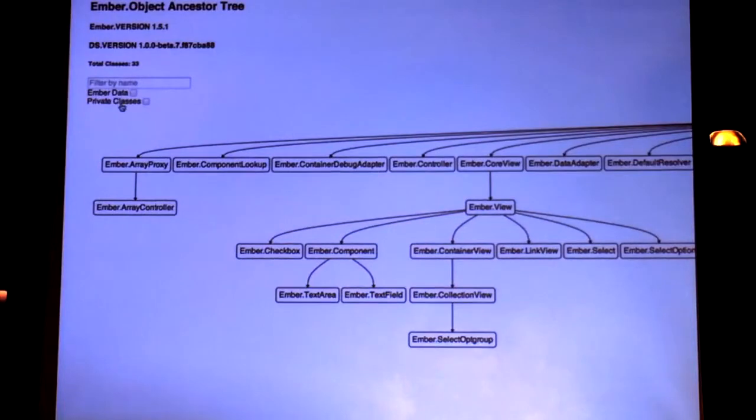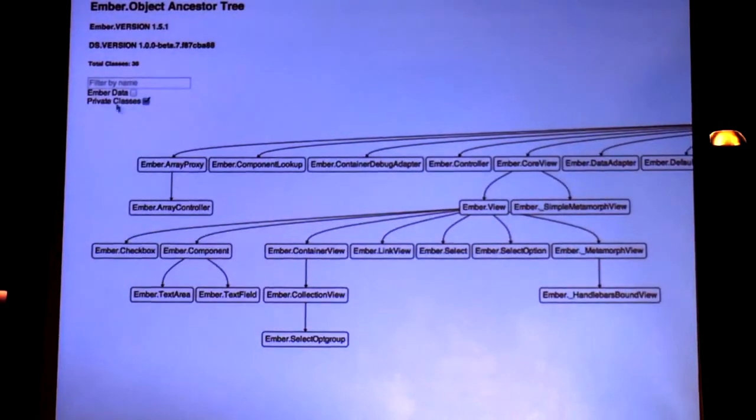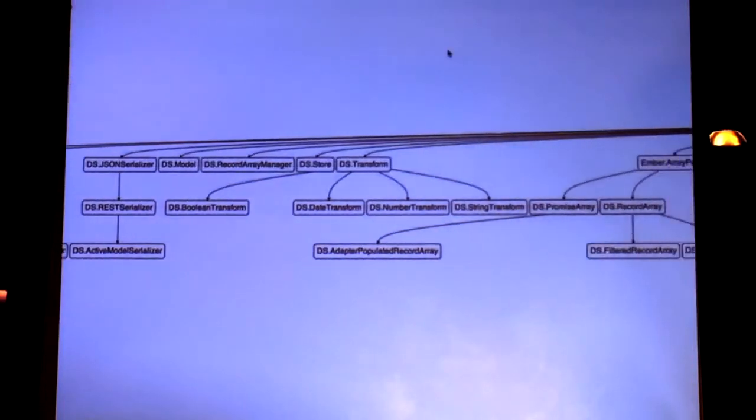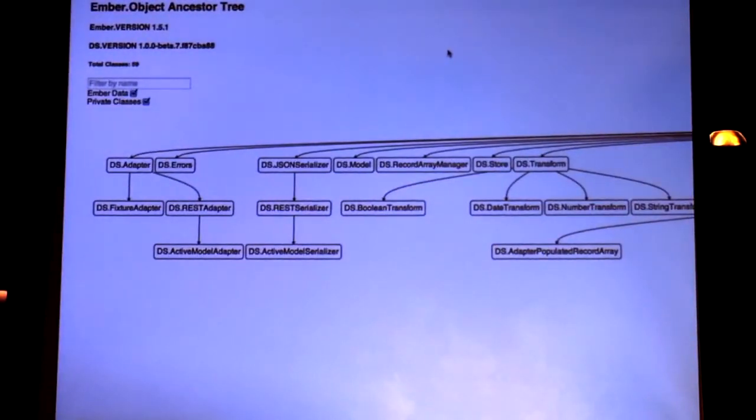And if we turn on private classes, we get a few more. If we turn on Ember data, we get a lot more. So that's 59 right there, that's 151. Having a strong understanding of how Ember object works is going to help you understand Ember data, it's going to help you understand routers, it's going to help you understand a lot of stuff that Ember itself is built upon. So that's it for Ember object.